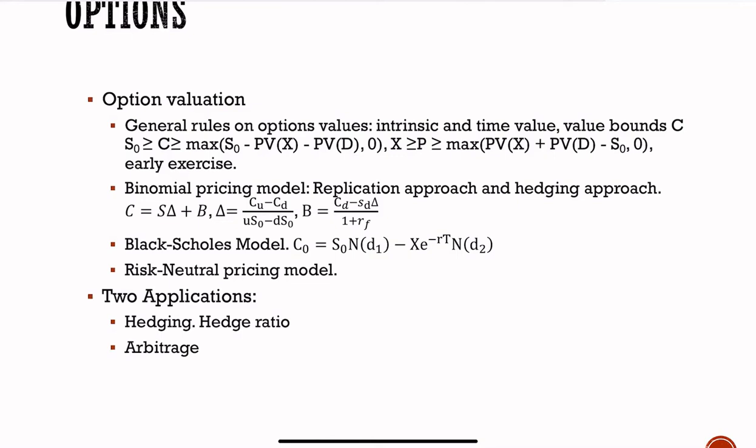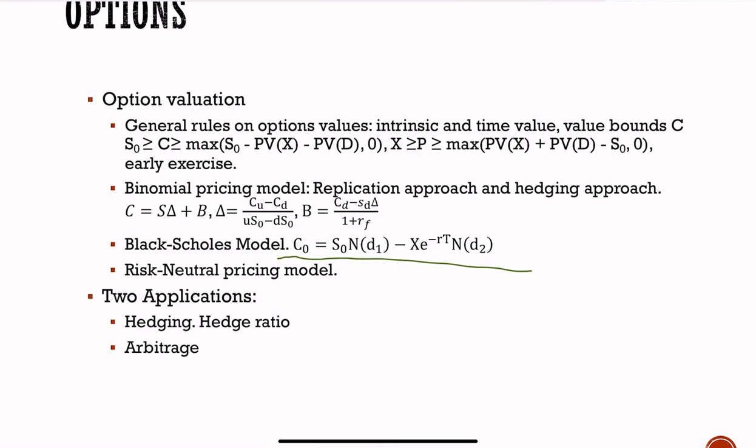I would say Black-Scholes model is actually somewhat easy, because what you need to do here is understand how to plug in numbers, right? So as long as you know how to plug in numbers, then I believe you can solve the call or put value from this Black-Scholes model.